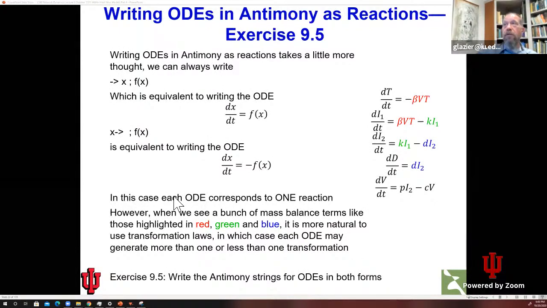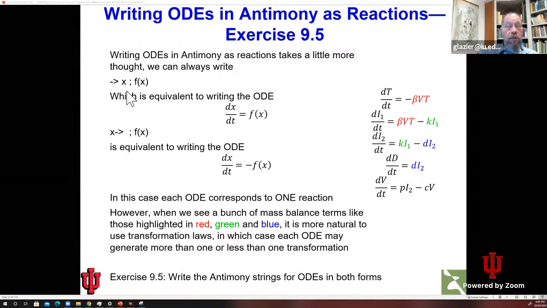Now, if I start with arrow diagrams, it's easy to write arrows. If I start with ODEs, it takes a little bit more thought because I have to do some rearrangement of terms. I don't have to, but it's desirable to. So I can always use that prime notation that I showed you to write ODEs directly.